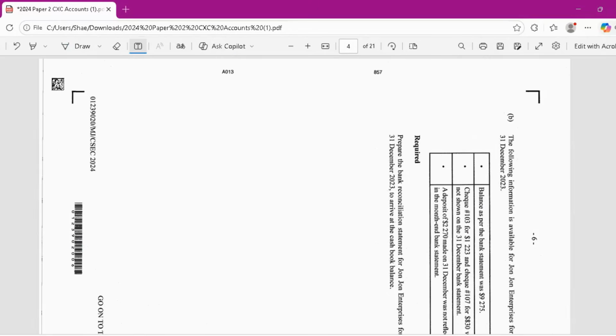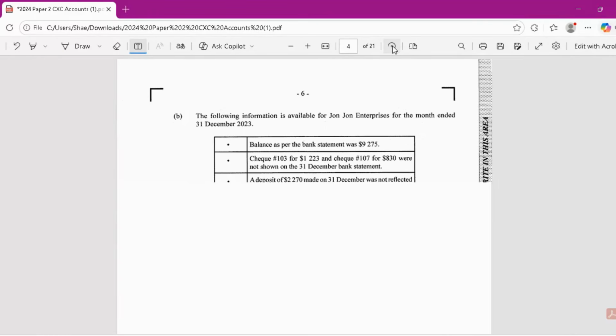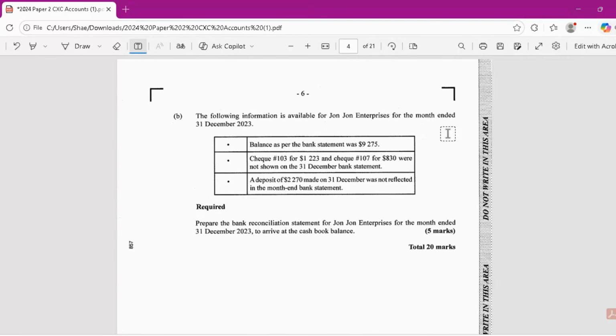Alright, very good. So now we're at part 2, which says that the following information is available for John John Enterprises for the month end 31st of December 2023. Prepare the bank reconciliation statement for John John Enterprises for the month end dated the 31st of December 2023 to arrive at the cash book balance. Alright, so you're going to start with John John.